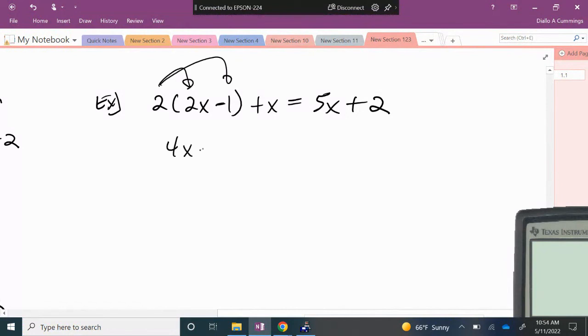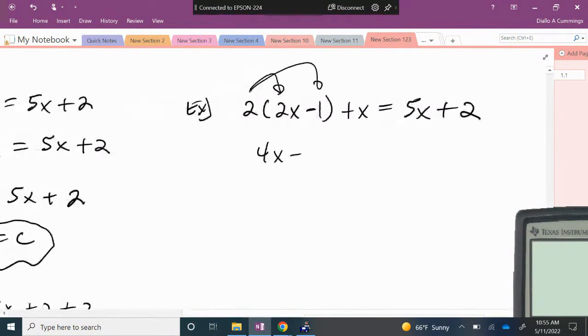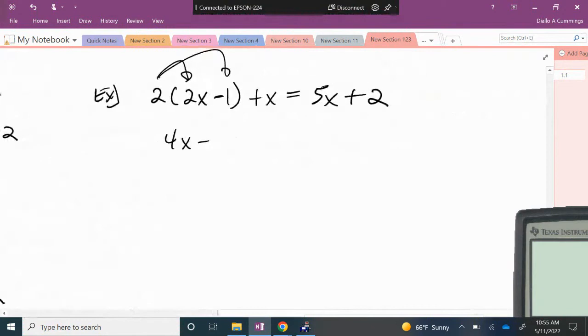So we have 4x minus... Is this the same problem? I'm sorry, this should be a minus 2 over here. Okay, that should be a minus 2.